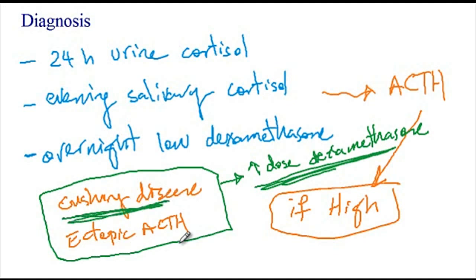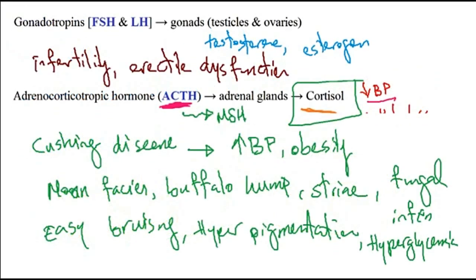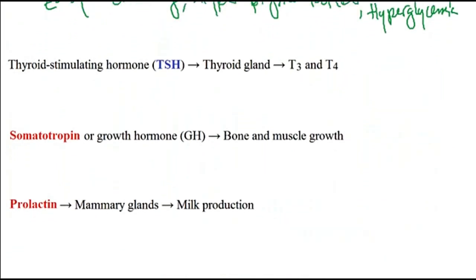But then the ectopic tumor would be unresponsive to the dexamethasone because they don't have the receptors required to be suppressed negatively by the excess dexamethasone. And so therefore, if the patient has ectopic ACTH, the level of cortisol does not drop by administration of high-dose dexamethasone.